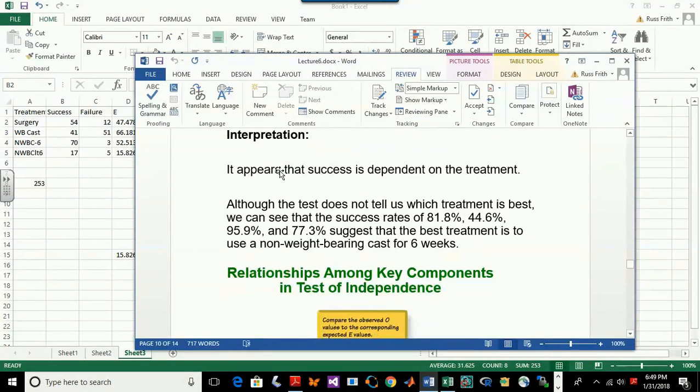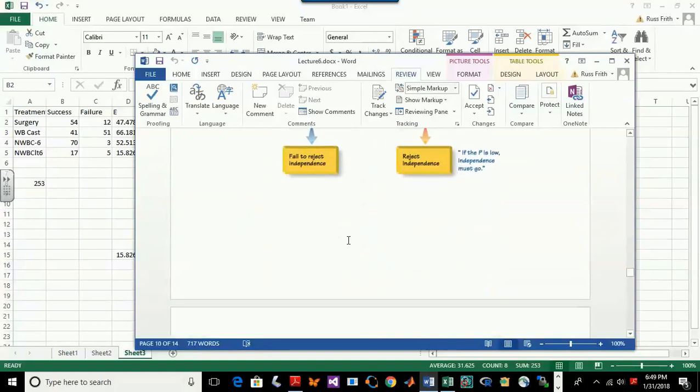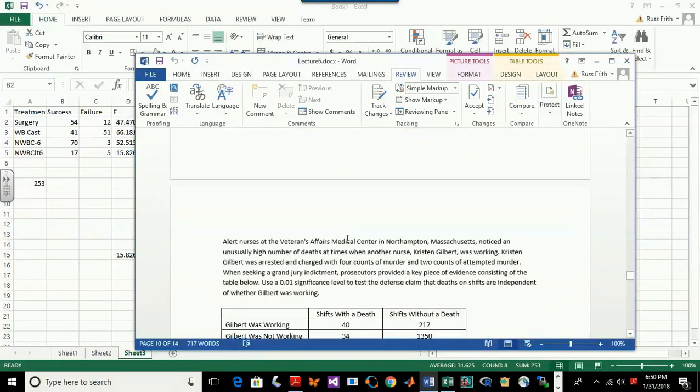Here's the interpretation: it appears that success is dependent on the treatment. Although the test does not tell us which treatment is best, we can see the success rates of 81%, 44, 95, and 77 suggest that the best treatment is to use a non-weight bearing cast for 6 weeks. So that was a contingency table example.